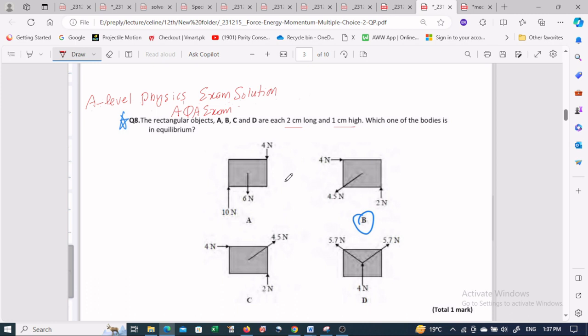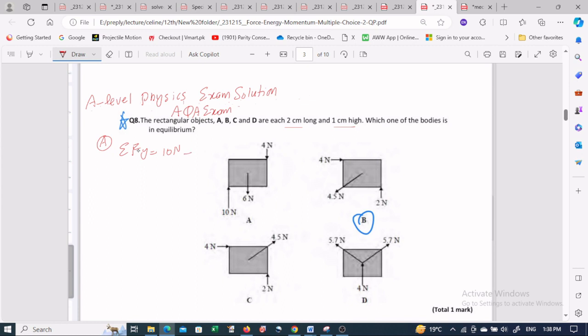In order to find the object in equilibrium, we use the conditions of equilibrium. Here we discuss one by one. For example, object A. We can see that the upward force is 10 Newton, and the forces acting downward are 4 Newton and 6 Newton.